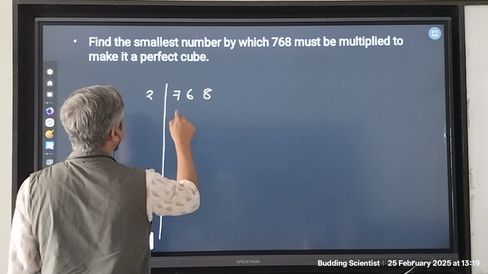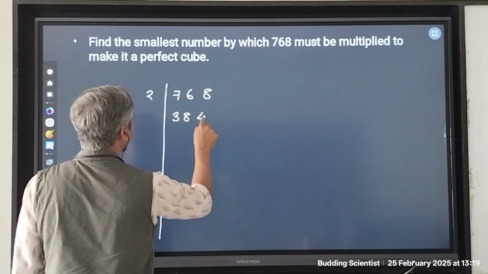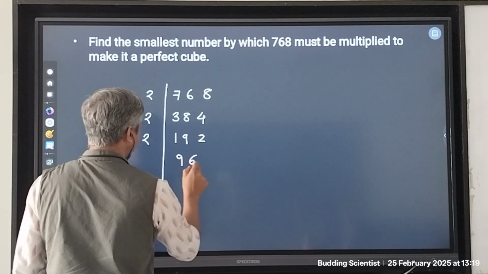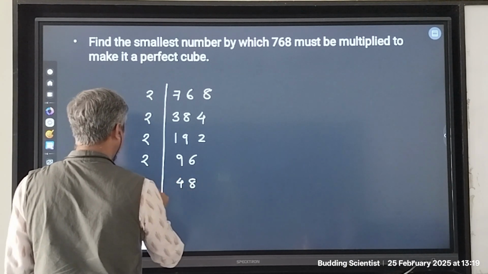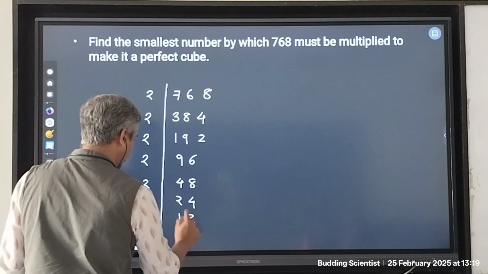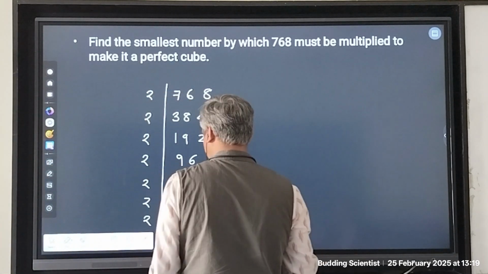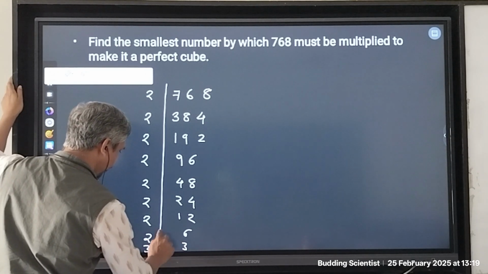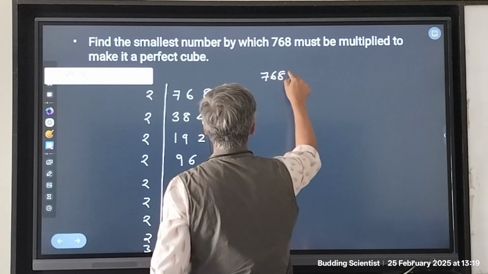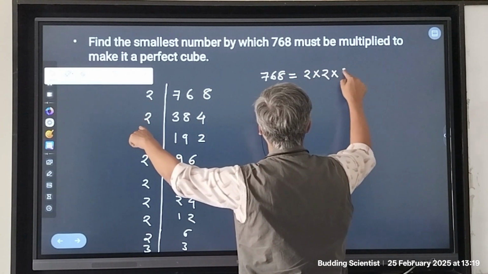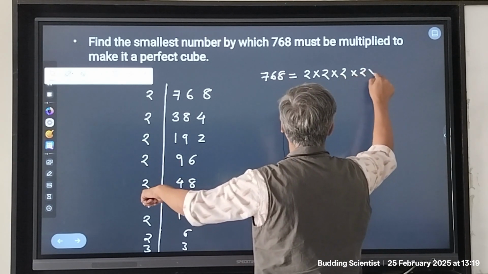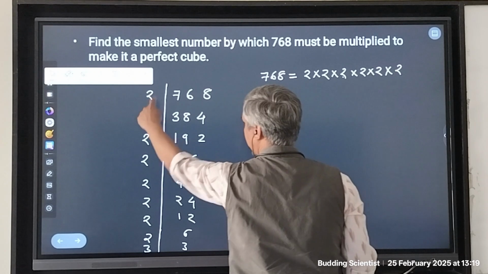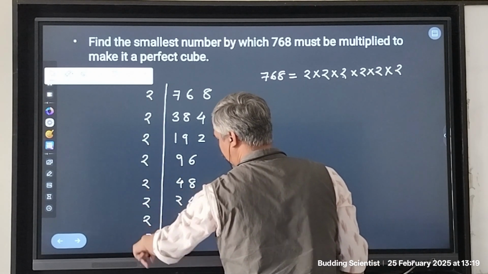768 divided by 2, so we get 384, 192, 96, 48, 24, 12, 6, so we get 768 is equal to 2 into 2 into 2 into 2 into 2 into 2 into 2 into 2 into 3.